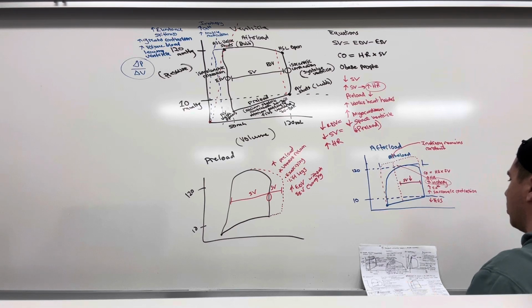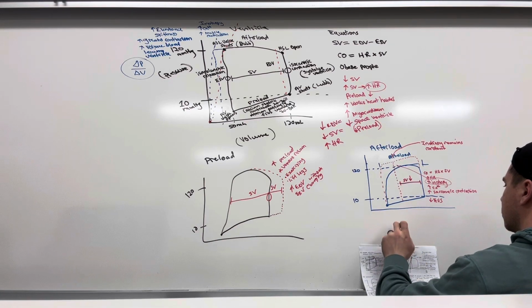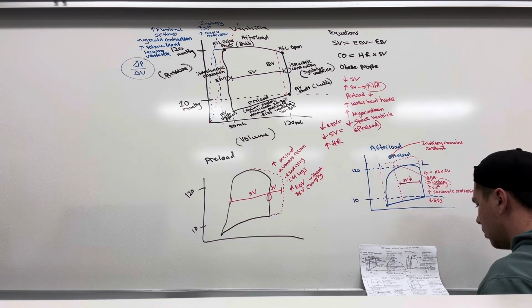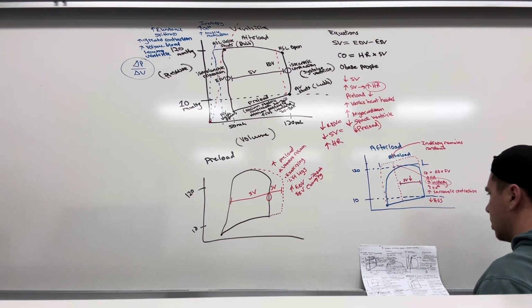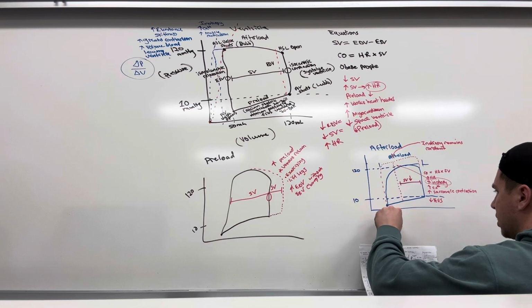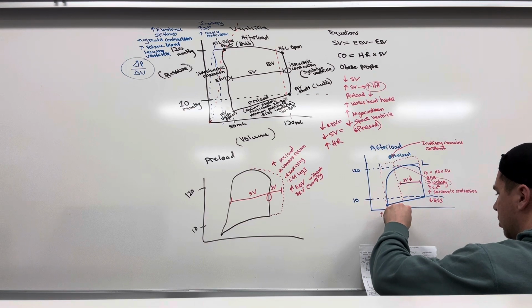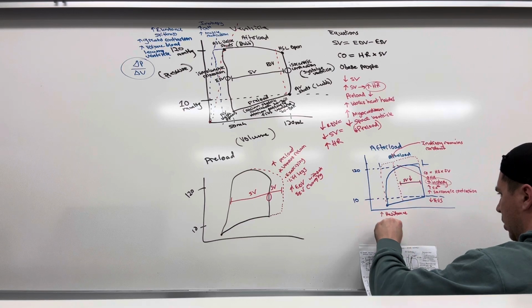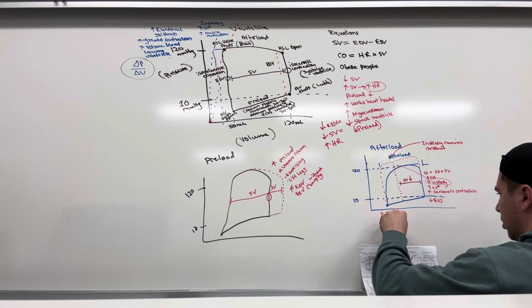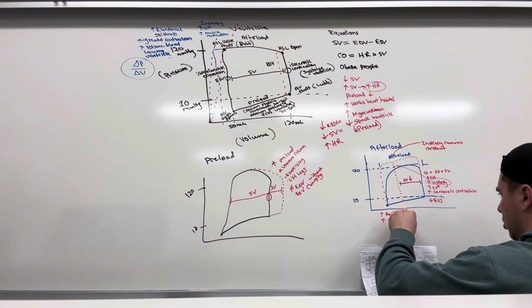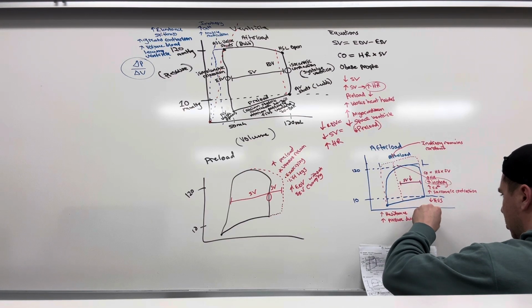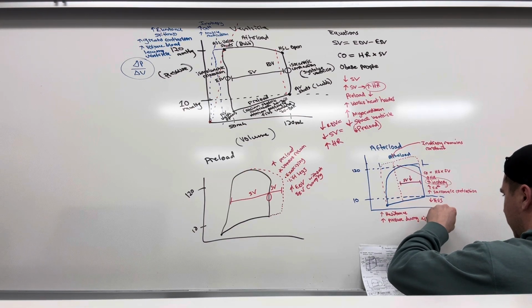Anyways, myosin head will contract. So some things that we're doing is we're increasing resistance, which increases pressure during the ejection phase.